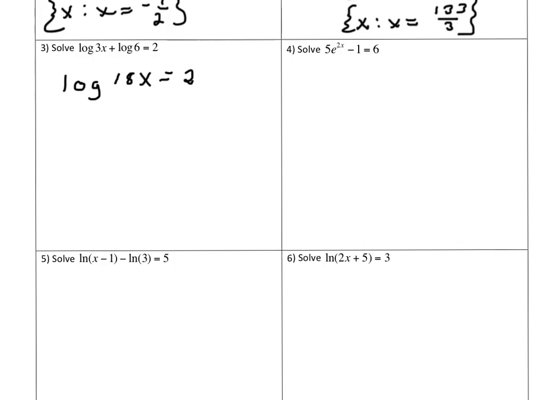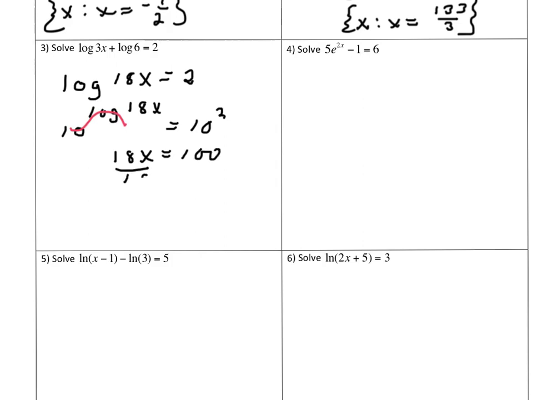Since I see a log, I need to get rid of the log, so I'm going to exponentiate. It's going to be 10 raised to the log of 18x equals 10 to the second. Now, this is going to log out, leaving me with 18x equals 10 squared, or 100.